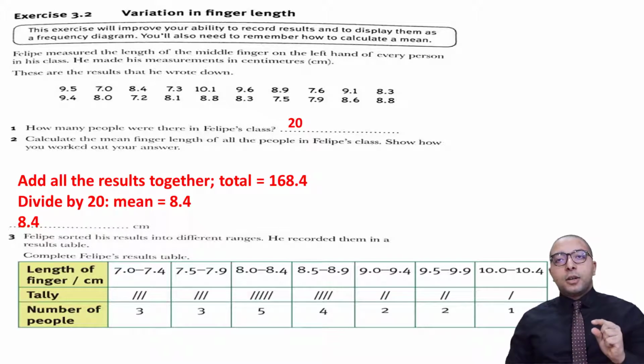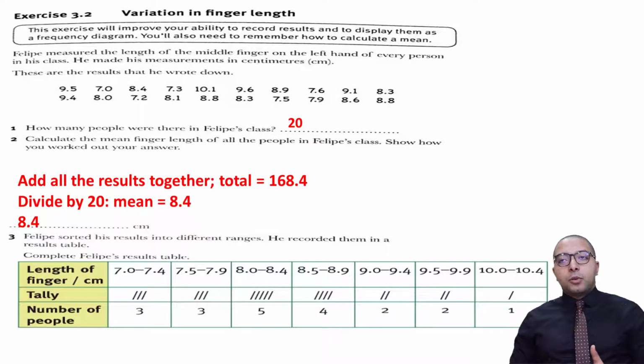So for 7 to 7.4, we have 3 persons, so we're going to put 3 strokes, and then we're going to write the number of people underneath, so we have the number 3. For 7.5 up to 7.9, we have 3 persons, so 3 strokes and number 3 will be written down.